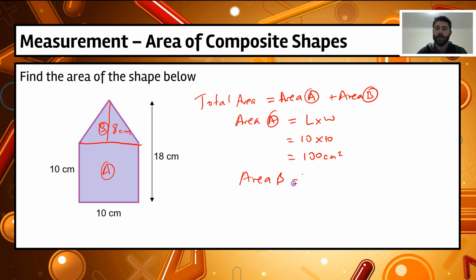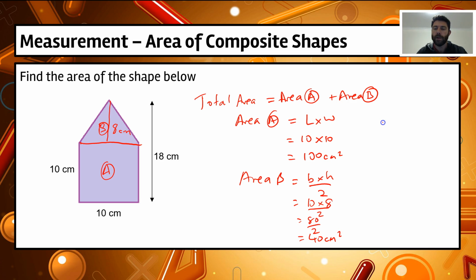Area B is a triangle, so it's base times height divided by 2. So that actually equals, well, the base is 10 times 8, which is the height, divided by 2. So that's 80 divided by 2. That equals 40 centimeters squared.